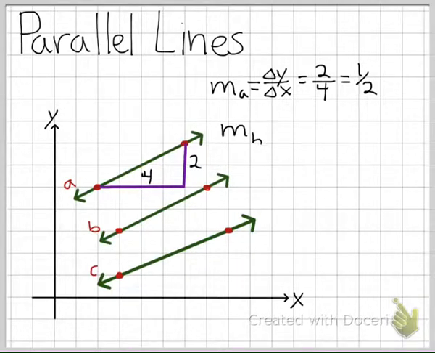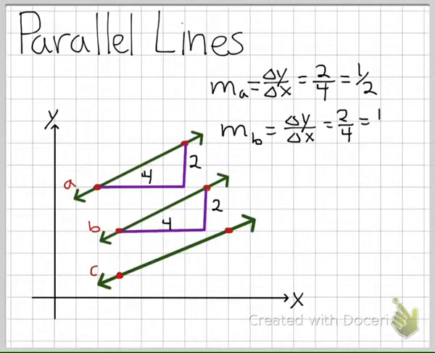Now if we do that same approach for B, again change in y over the change in x, looking at between those 2 points, I had a vertical change of 2 and a horizontal change of 4, so that's going to be 2 over 4, so I get a slope of 1/2.